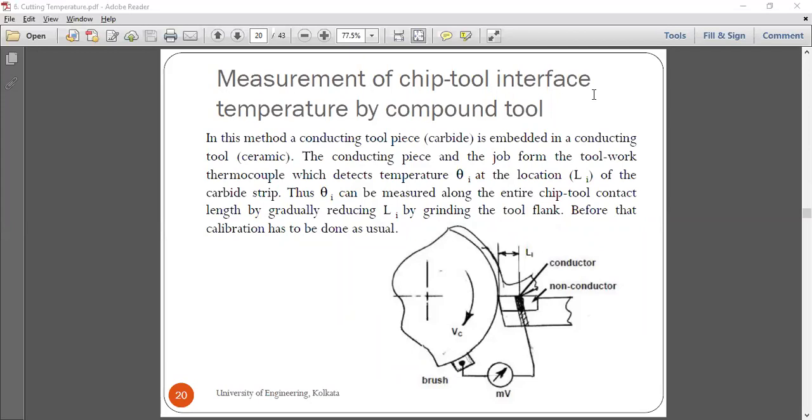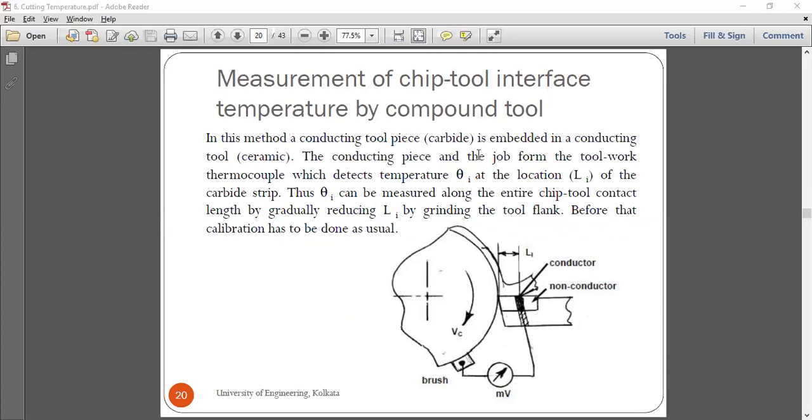Because if you are using a non-conducting material as a tool, like ceramic, you will not be able to transmit the heat. The conduction of the heat will not take place. Therefore you have to embed some conducting material in that tool, and it will carry the temperature to the millivoltmeter.